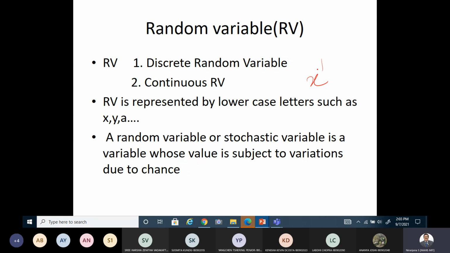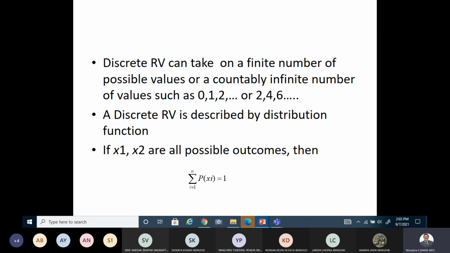In pattern recognition you may refer to it as a feature sometimes, right? So problems with multiple features or multiple variables, maybe in the continuous mode or maybe in the discrete mode, are generally dealt with.